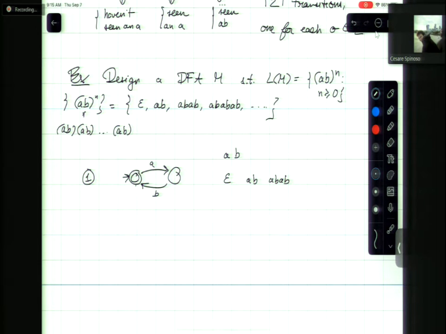So if I'm in the start state and I read a B, I'm going to go to this state, which I'm going to call the dead state. You can think of the dead state as a black hole or a garbage collector. It takes all the states that are no good, and because all these are rejected, it has a self loop on A and B. The only other transition I'm missing is the one for A. If I start here, read an A and then read another A, I've read 2 consecutive A's, and again there isn't a chance for me to see only ABs.